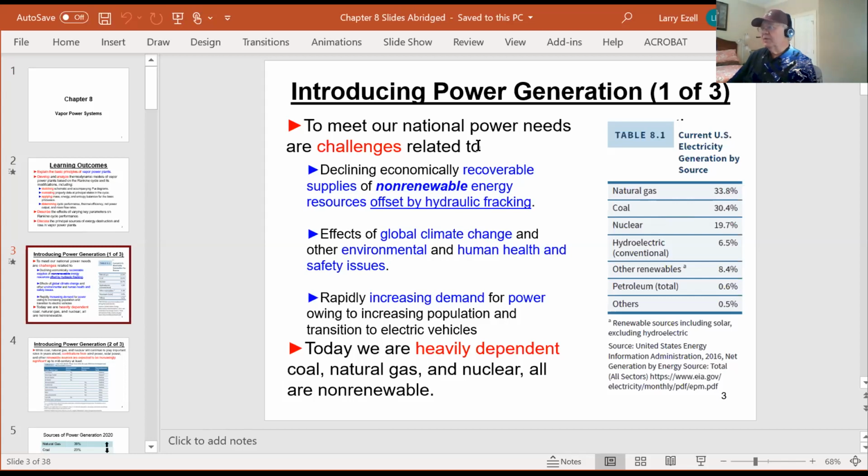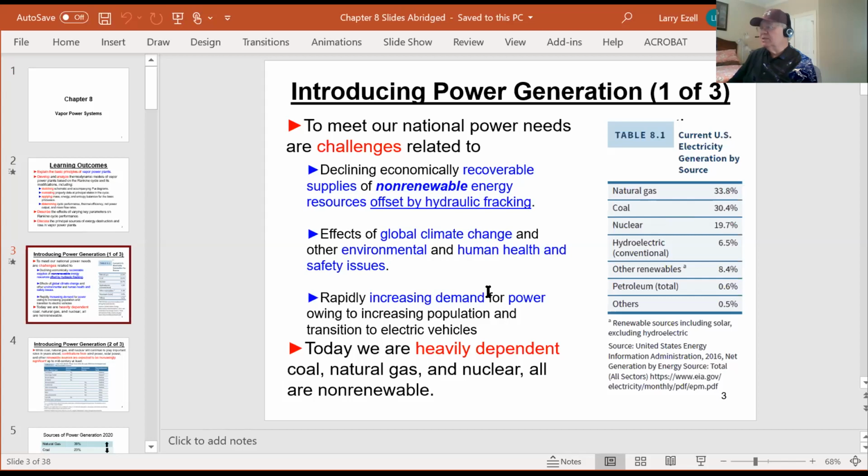Of course, one of the other challenges of power generation is that it tends to pollute the environment, and we know the effects of climate change. Environmental and human health and safety issues are a big concern. We also know we have an increasing demand for power, especially in countries like China and India, some of these rapidly growing countries.